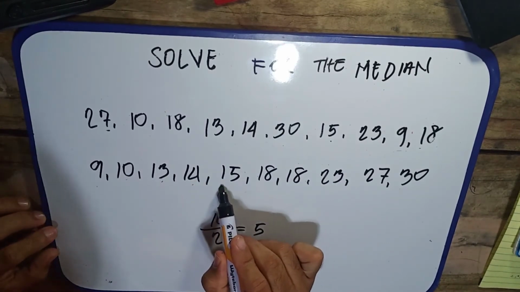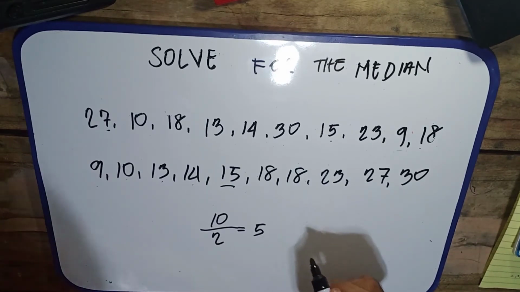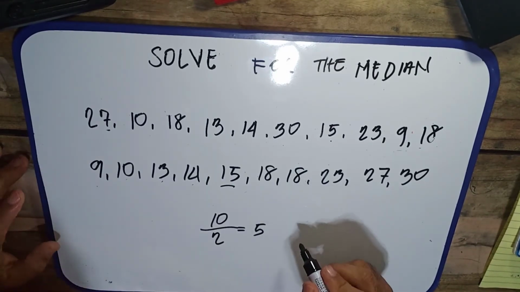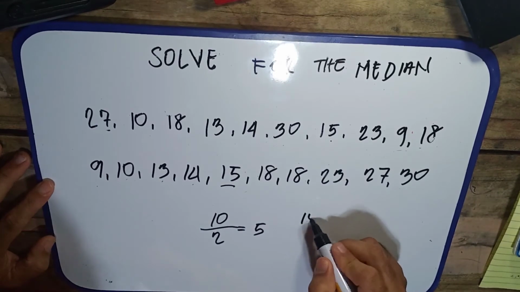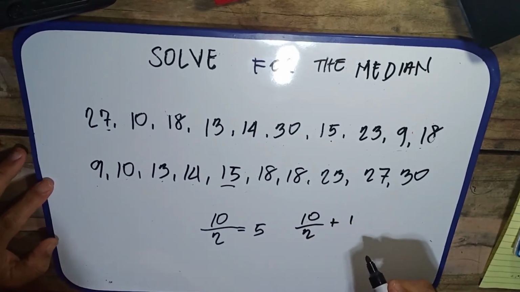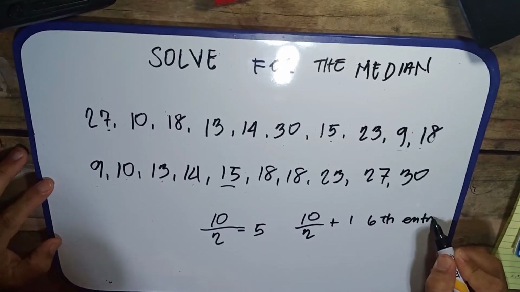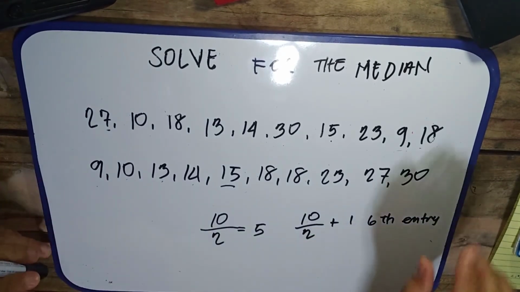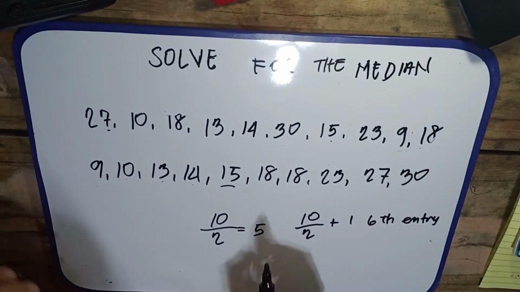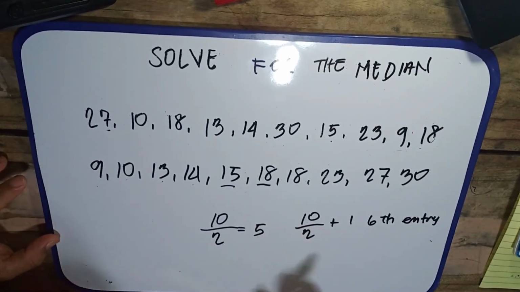So 15 is the fifth entry. Next guys is 10 divided by 2 plus 1, so it is the sixth entry. So the sixth entry guys is this one, 18.